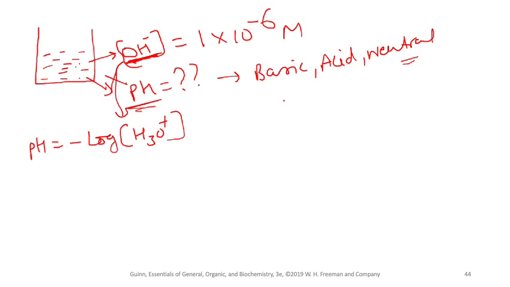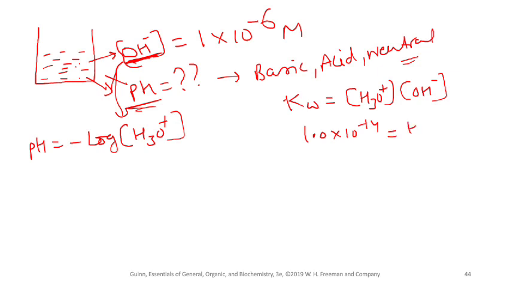So we have to use the equation Kw, the autoionization of water, H3O plus times OH negative, and we know the value of Kw, which is 1.0 times 10 raised to the power negative 14. Kw equals H3O plus and OH negative ion. And we need to figure out the H3O plus ion, because in pH we have the H3O plus ion.